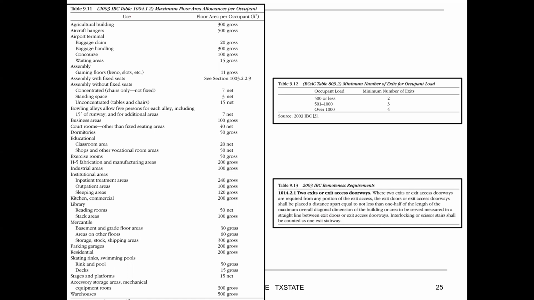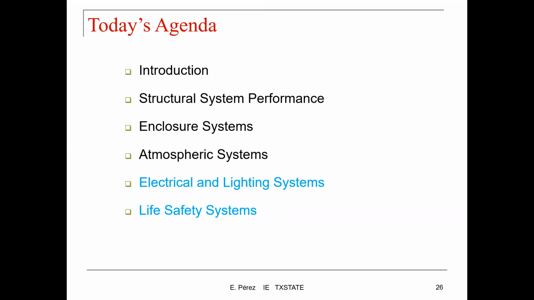So as you can see, in addition to designing the facility for the purpose of manufacturing and production, we also had to take into account the personnel, and we have to make sure that our facility is designed to accommodate the requirements of the pertinent agencies. So this is the end of the lecture.